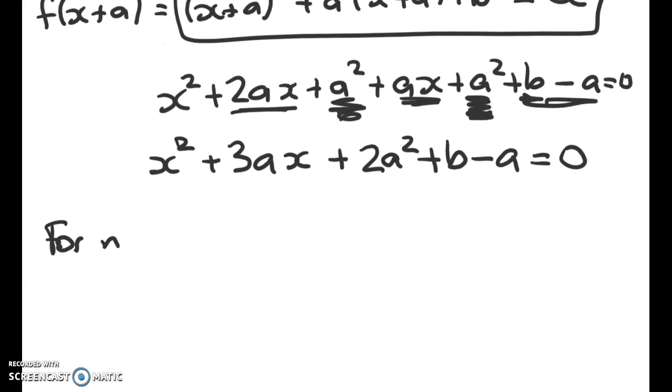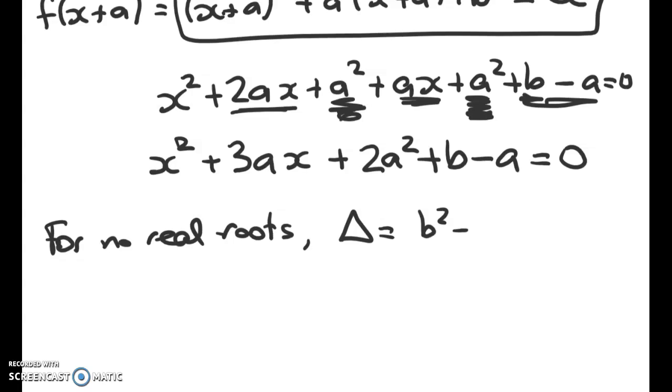So then we need to explain what we're doing. For no real roots, the discriminant, and I'm going to put that in silly inverted commas because the b and the a in here are not the a and the b in here. So that must be, the discriminant must be strictly negative if we've got no real roots.